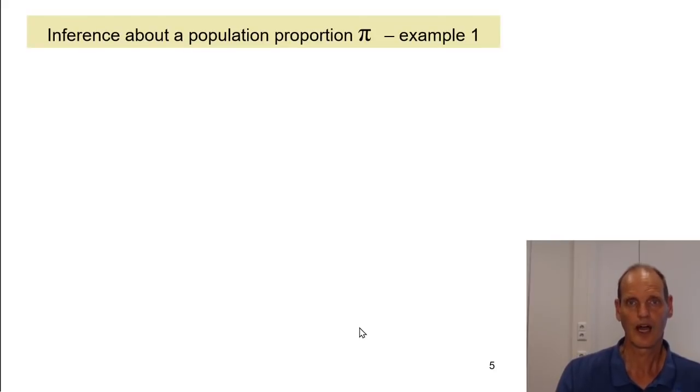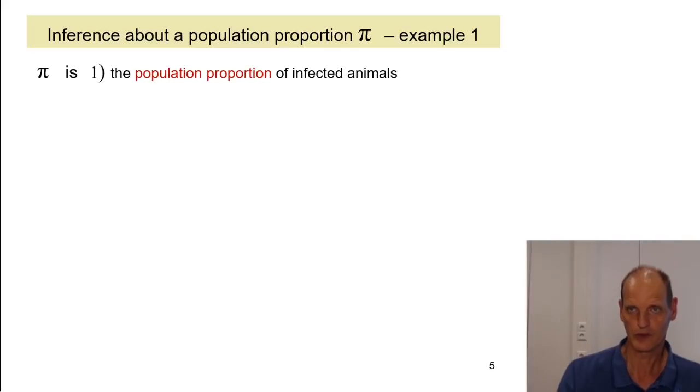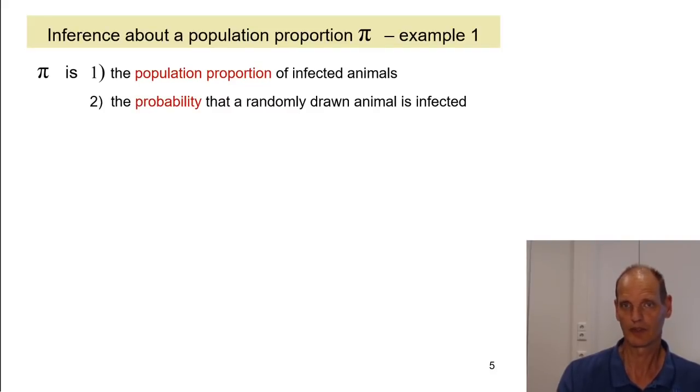Well, let's have a look at how to do inference about a population proportion. We'll look again at example 1, the infected animals. So pi, as we already mentioned, is the population proportion of infected animals. It's also the probability that an animal is infected if you pick it randomly.